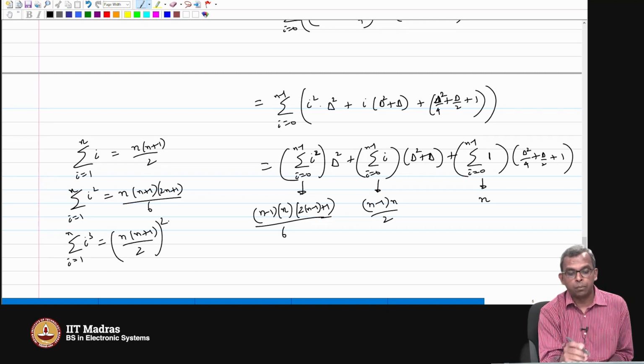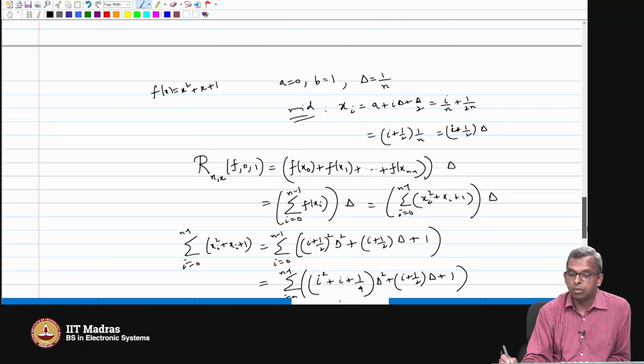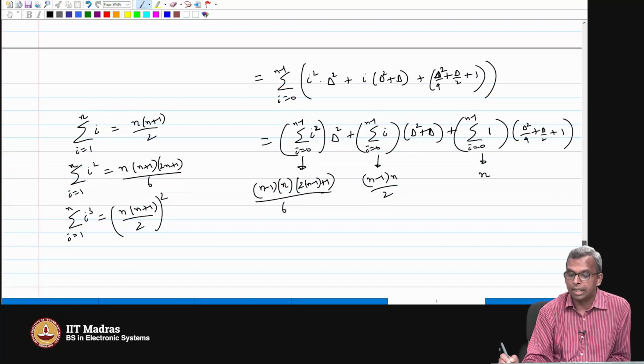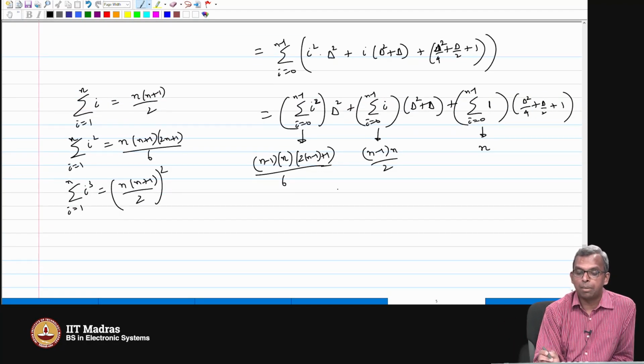So, these three you can commit to memory, and once you do this, you will get what you want, n minus 1 into n and all these things. Is that okay? So remember delta is 1 by n, right? Delta is also a function of n, it's not independent. Delta is 1 by n, and just for comfort I've left it there like that. And there's also an overall delta multiplying this.